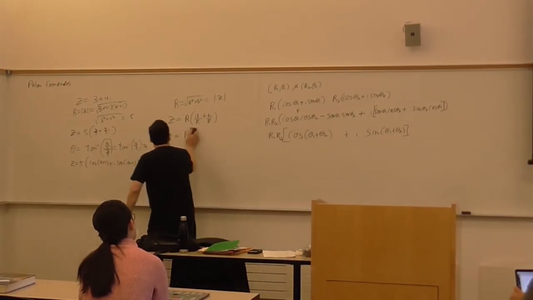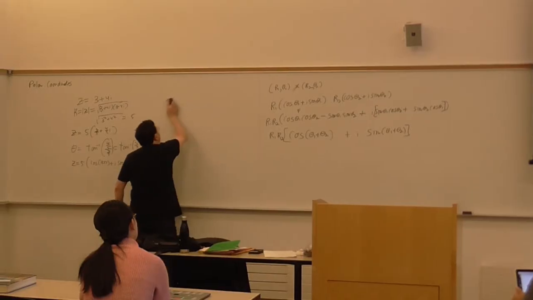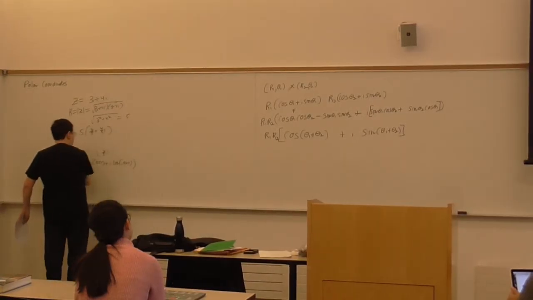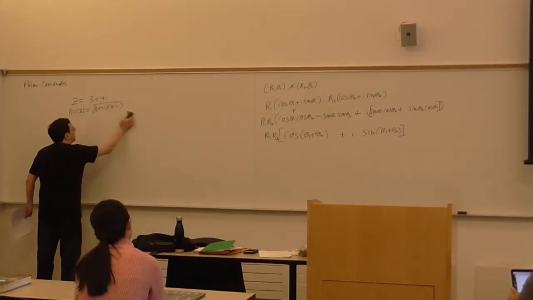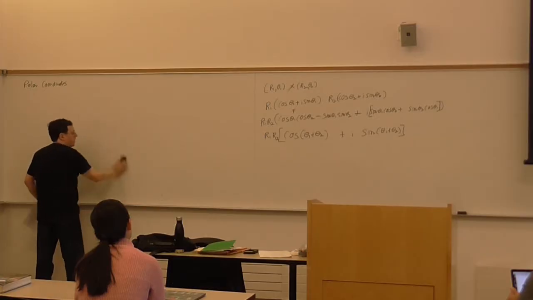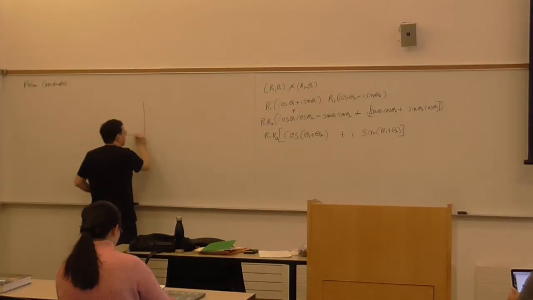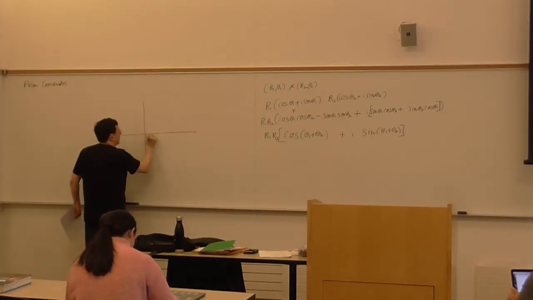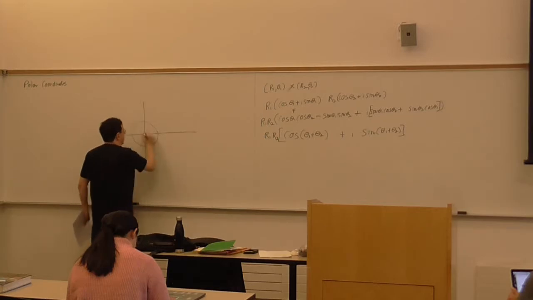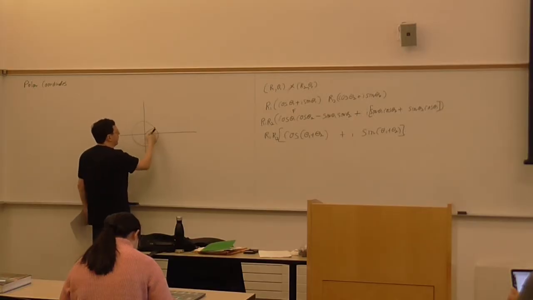I have to kind of draw something here, to illustrate that. Say this is my unit circle, and I have, say, a 30-degree angle here. This is the complex plane, so I have a point here.